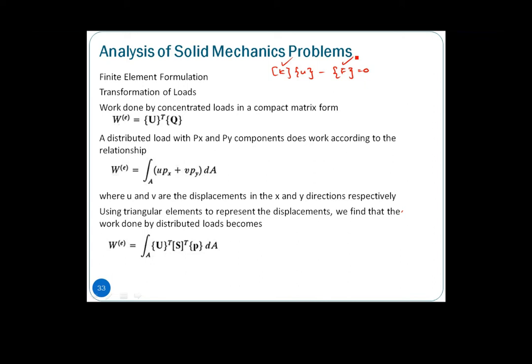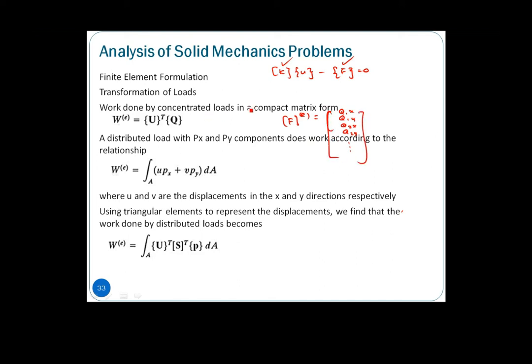All right, so under the load itself, if you have a concentrated load, of course your Q you can represent by the matrix F E itself. Then you have Q1X, Q1Y, Q2X, Q2Y, until it depends on how many nodes you have, I mean what element you are using.